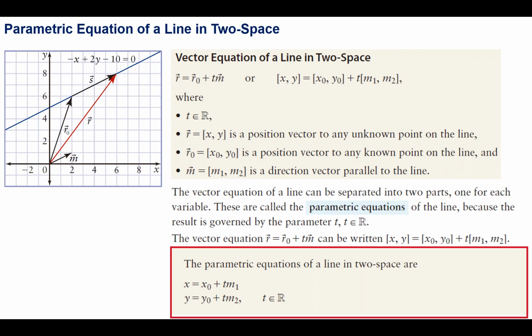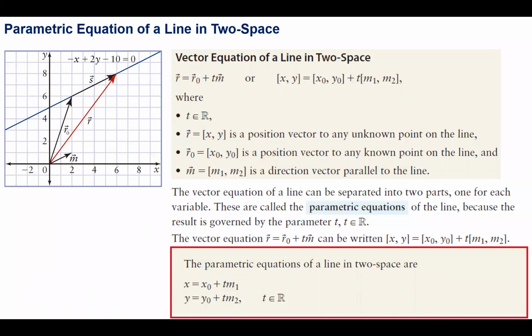The vector equation of a line can be separated into two parts, one for each variable. These are called the parametric equations of a line, because the result is governed by the parameter t, where t belongs to the real number set. The vector equation r equals r naught plus t times m can be written as xy equals x naught, y naught plus t times vector m1, m2.